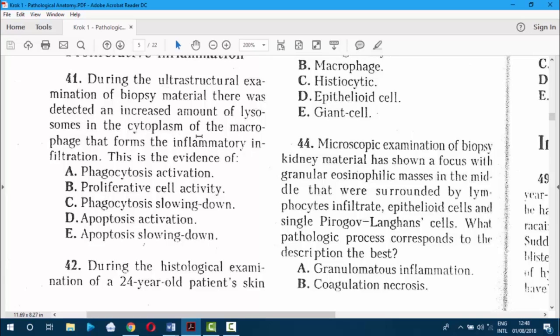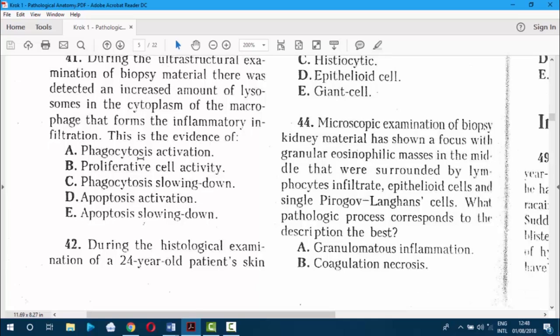So lysosomes in the cytoplasm of macrophages that form the inflammatory infiltrate. This is evidence of, of course, phagocytosis activation. Don't forget, lysosomes do what? They digest or they destroy. And if a lot of them are found in the macrophages, it means phagocytosis has been what? Activated. So the answer is A.